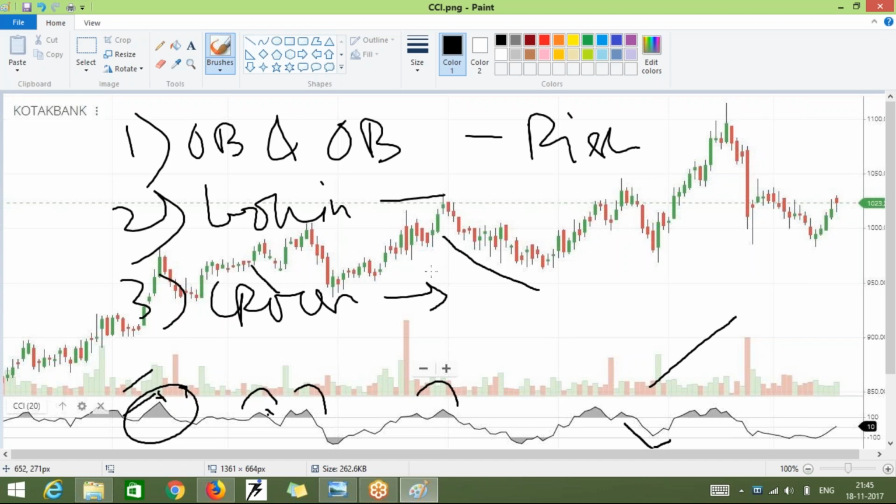You can go for 15 minutes, 10 minutes, 5 minutes. Very nice trading signals are formed. Because if you take a longer period, if it's a momentum stock, then you might get stuck in the wrong position. But you can use CCI and trade on Monday itself.